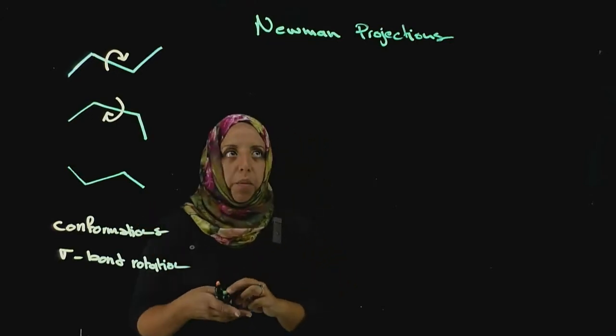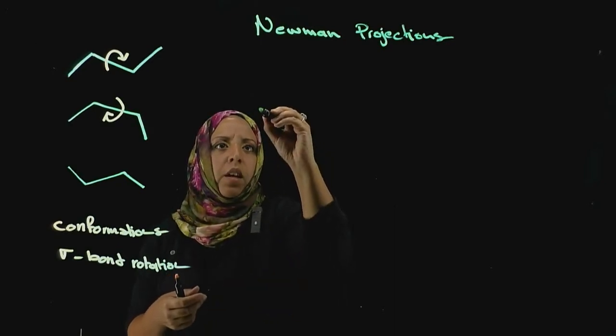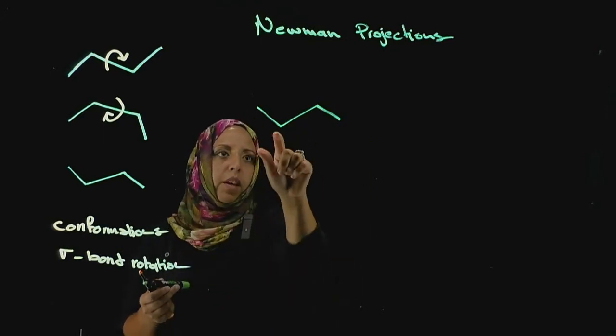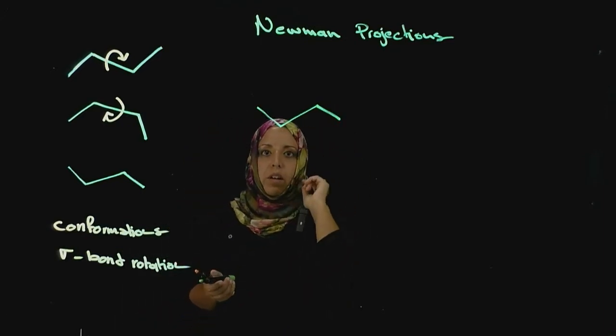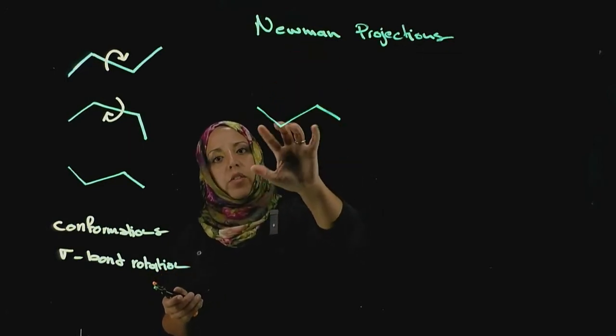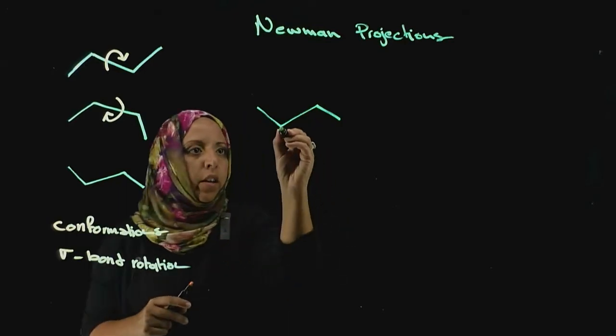So I'm going to draw an example. Again, methane, ethane, propane, butane. But to explain Newman projections better, instead of just keeping this carbon attached to two hydrogens, I'm going to attach other groups to it.